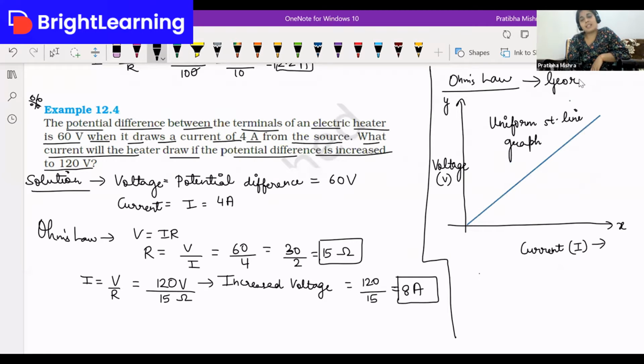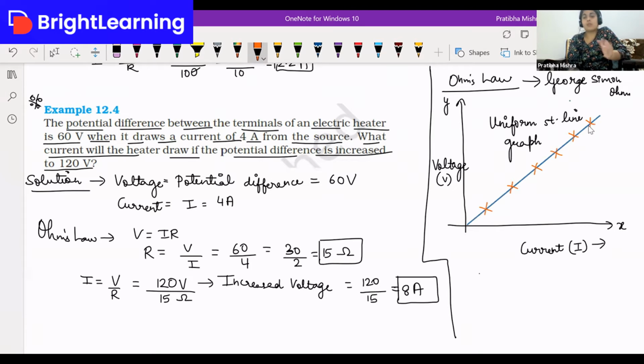He was a scientist, a physicist from the physics department. That's why it is named Ohm's law, because he was the one who discovered it. So you'll get some values. I'm just trying to plot it roughly.